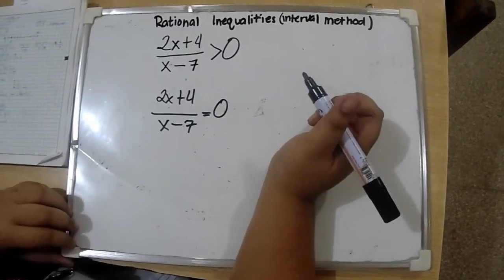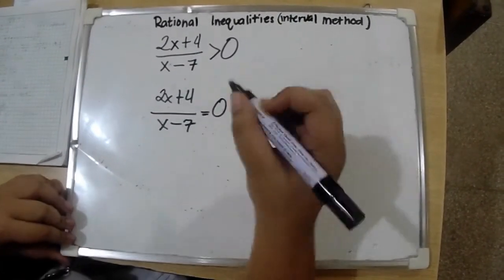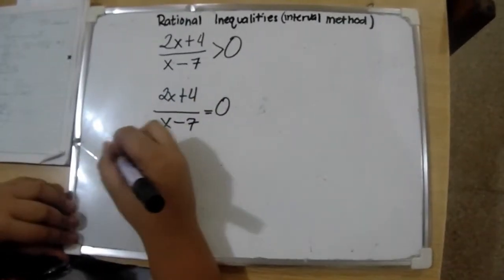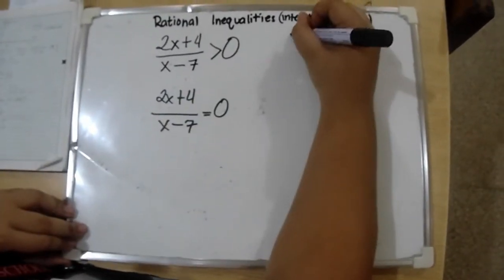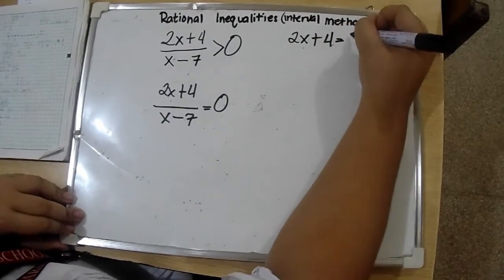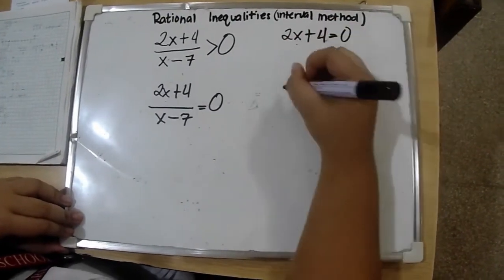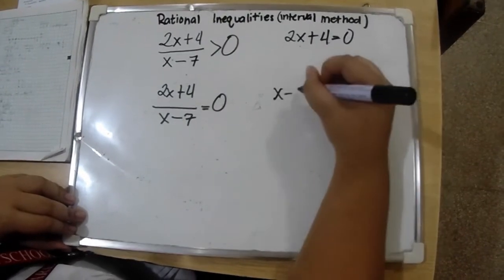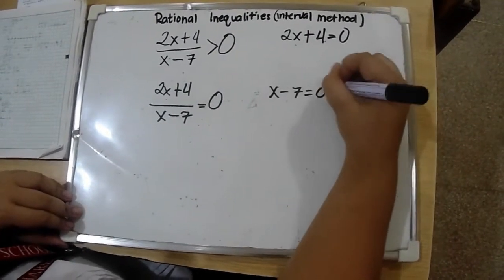So next, we need to bring them in one line. So 2x plus 4 is equal to 0 and x minus 7 is equal to 0.